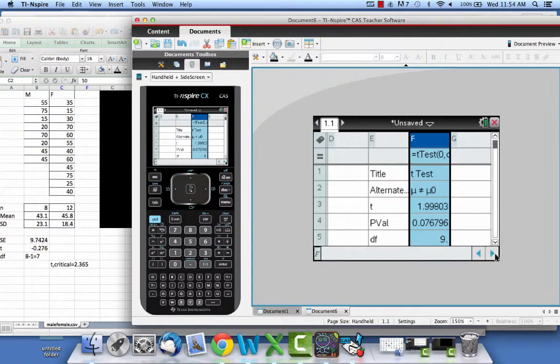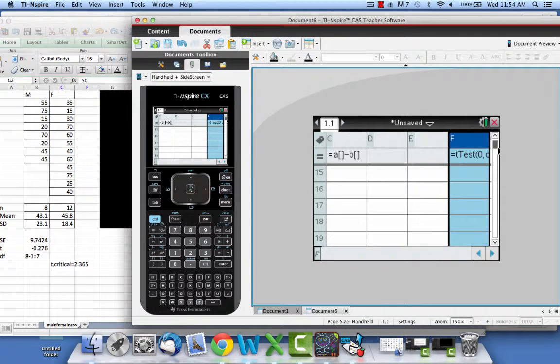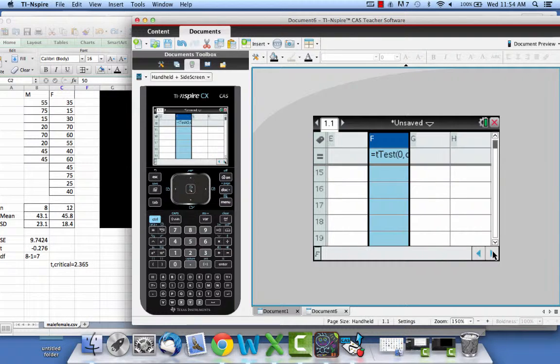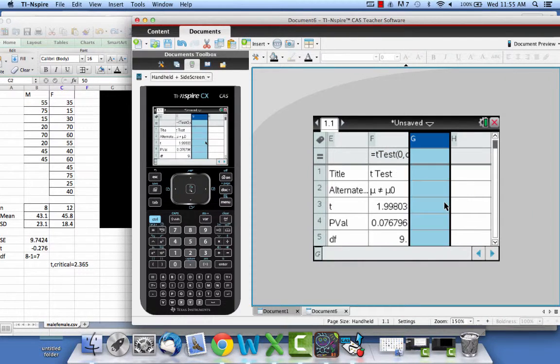This scrolls very fast. Okay. Not sure where that test has gone.